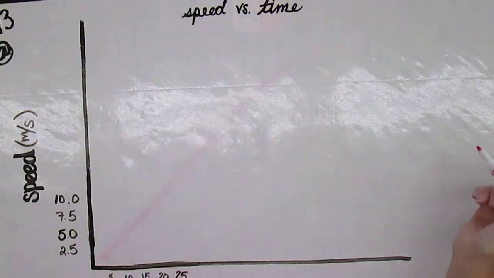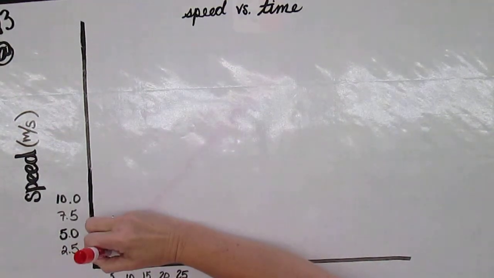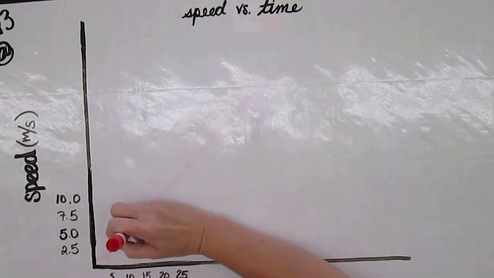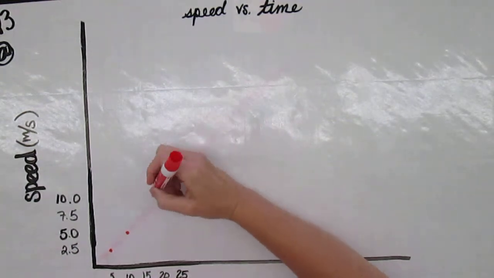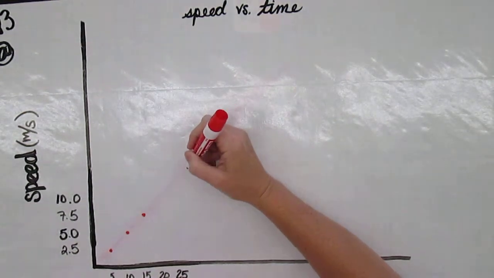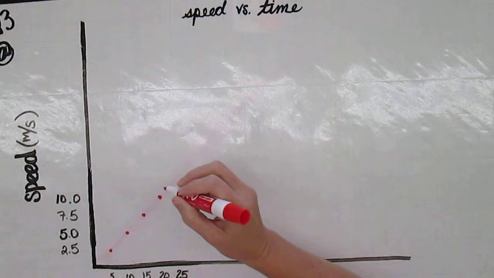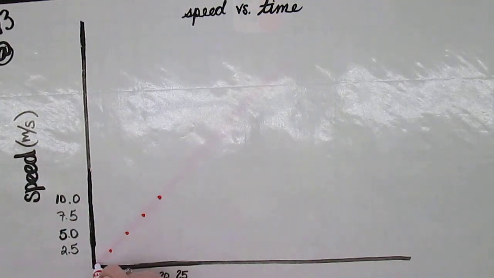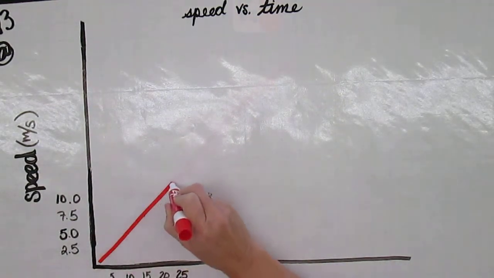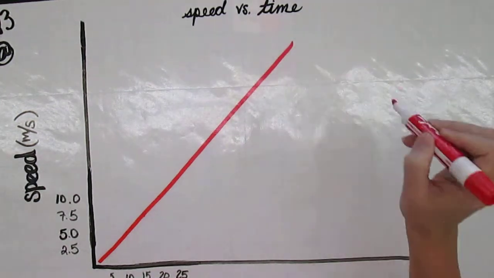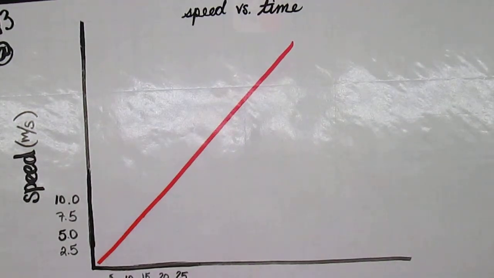Okay, so from our table, 5 gave us 2.5, 10 gave us 5, 15 gave us 7.5, and 20 gave us 10. And so then we can see that the best fit line simply extends as a straight line. This tells us that it is constant motion.